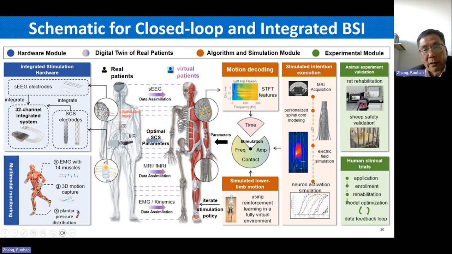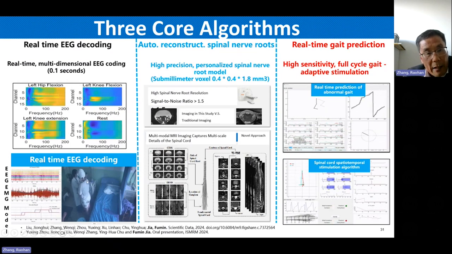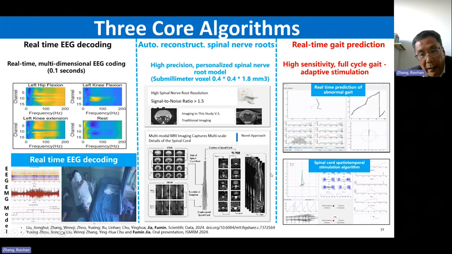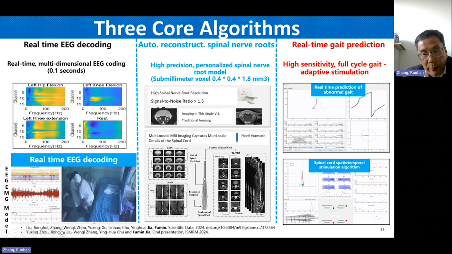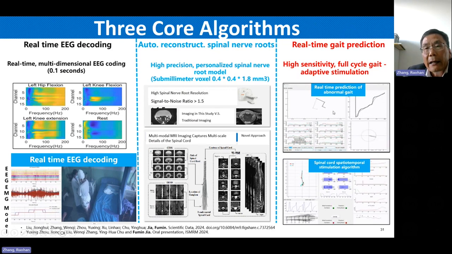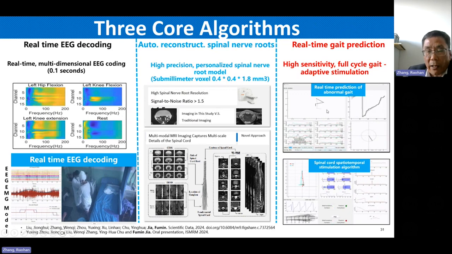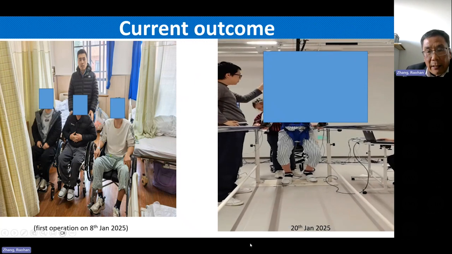We developed the hardware ourselves, and on the software side we decode the signal from the brain, detect the area of injury, and implement the chips in the spinal cord, along with algorithms to help people start walking again.